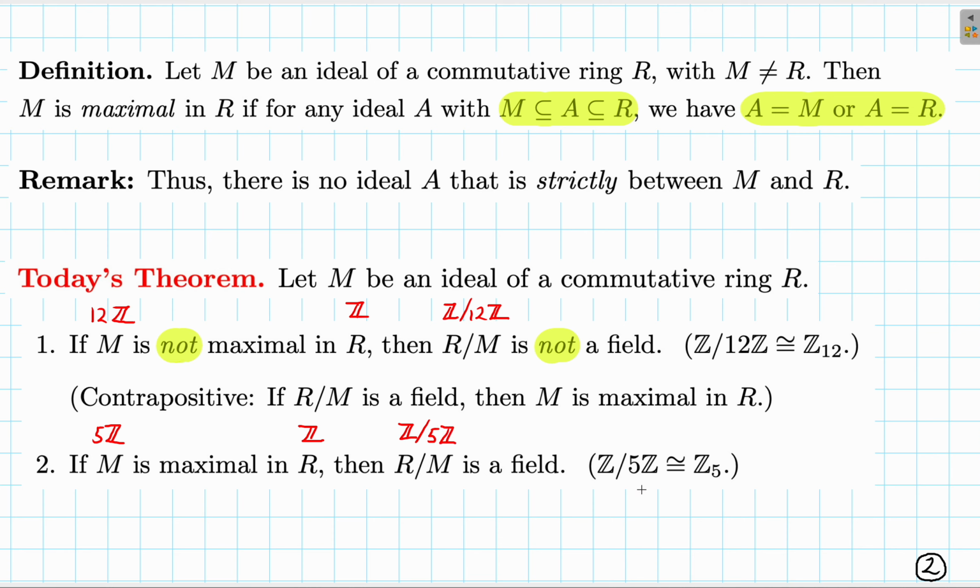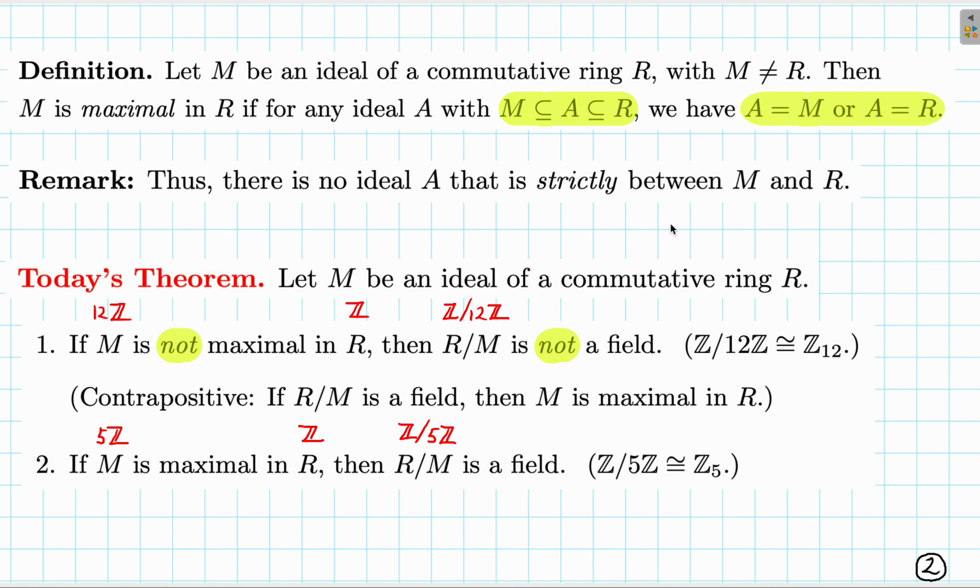Well, Z mod 5Z is isomorphic to Z5, which we know is a field because all of the non-zero elements of Z5, namely 1 through 4, are units. And since Z5 is a field, Z mod 5Z must be a field as well. So the focus of today's classwork will be on proving this theorem about maximal ideals.